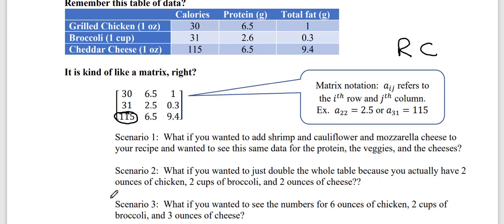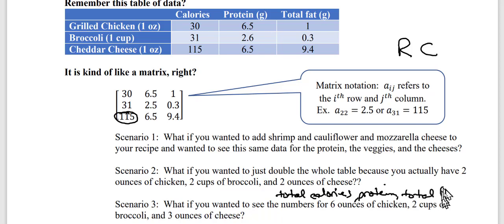When we say numbers, we're talking about total calories, protein, and total fat. Totals for each of these if you had a meal with 6 ounces of chicken, 2 cups of broccoli, and 3 ounces of cheese.